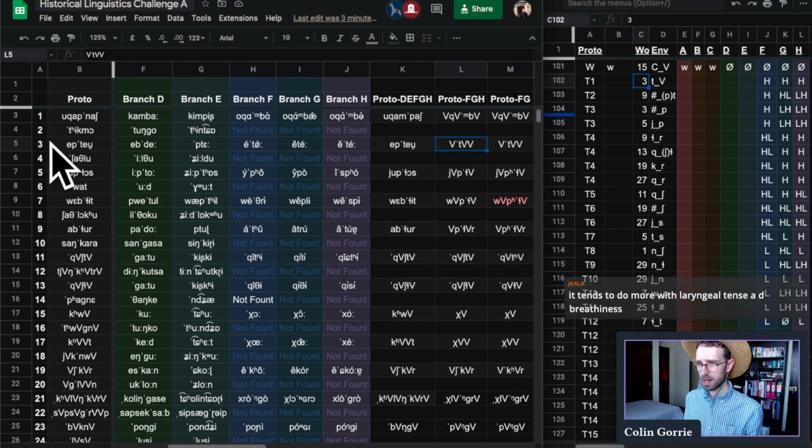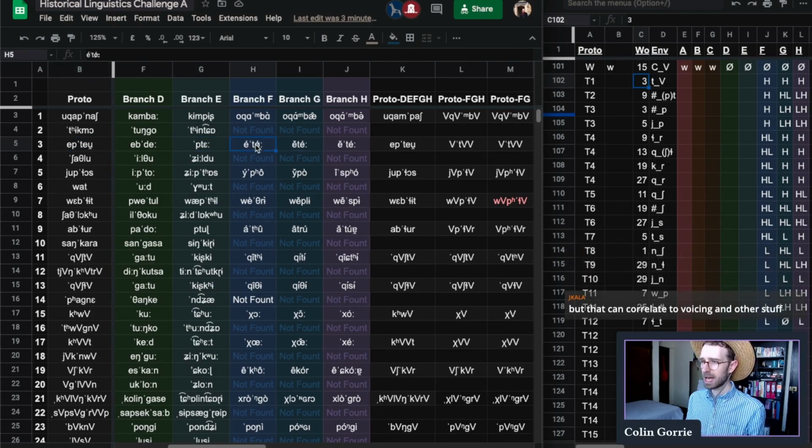So that's proto-epteu. And we have that showing up always as high tone, the second vowel, which comes from this eu diphthong, I think, in the proto-language. And it always shows up as high tone and long.